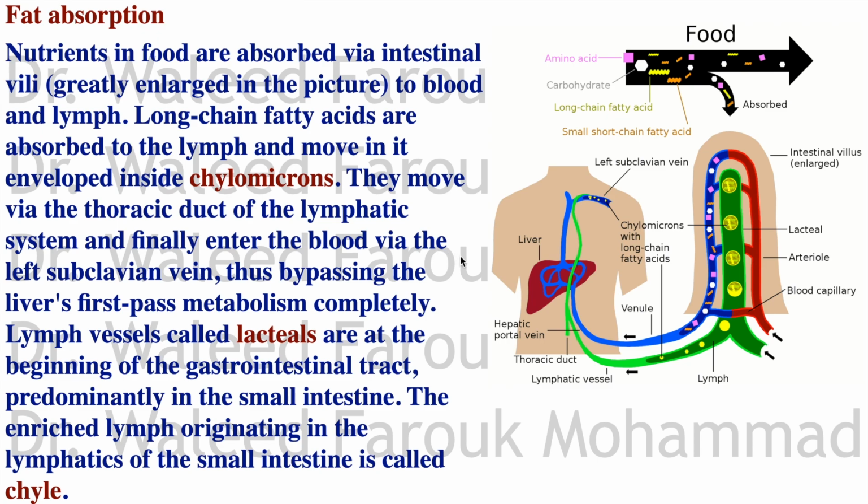In this case, lymph vessels are called lacteals and are present at the beginning of the GIT, the gastrointestinal tract, especially in the small intestine where lipid absorption occurs, and the absorbed material from the GIT is called chyle.